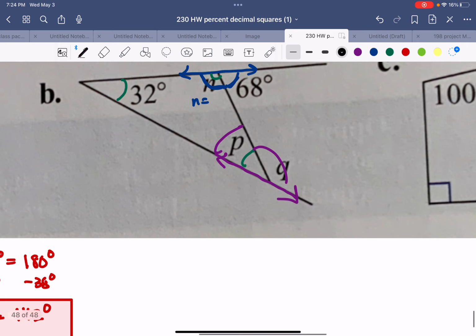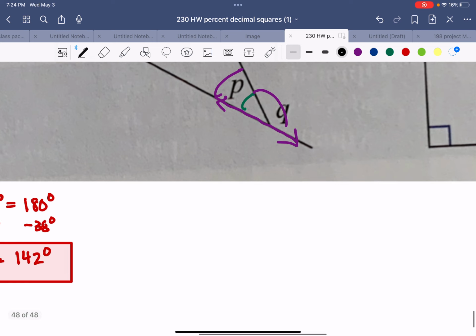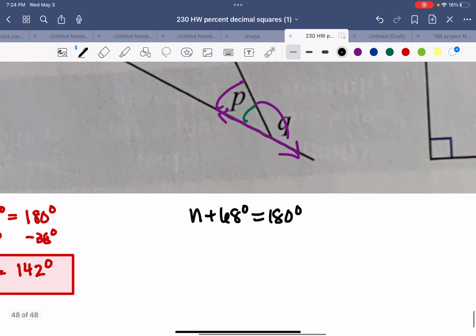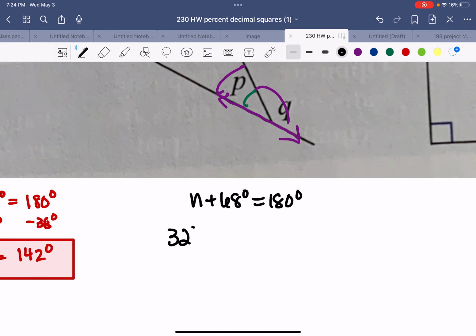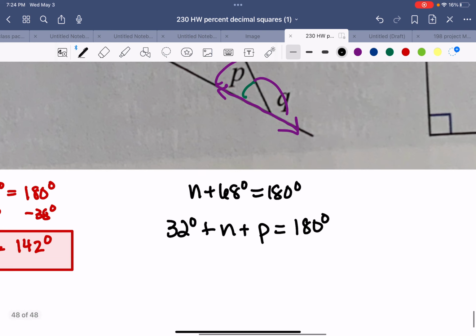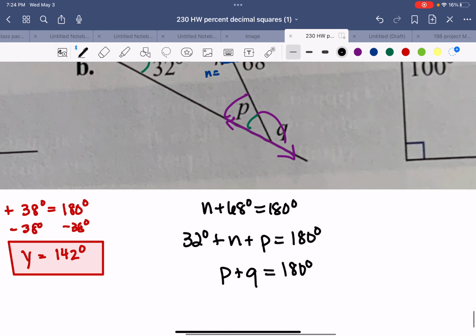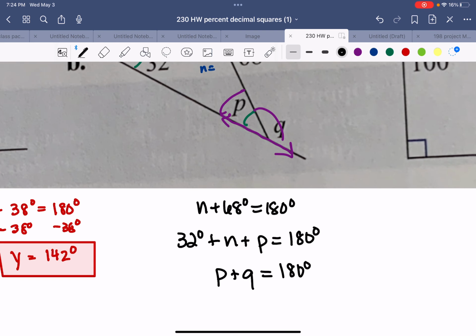Okay, so you're going to be using the following three formulas. So you have N plus the 68 degrees has to be 180 degrees. Then your 32 plus N plus P, those are your three angles inside your triangle. So that's 180 degrees. And then P plus Q is also 180 degrees because those two together form a straight line. Okay, so you have two straight lines and then your interior triangle.